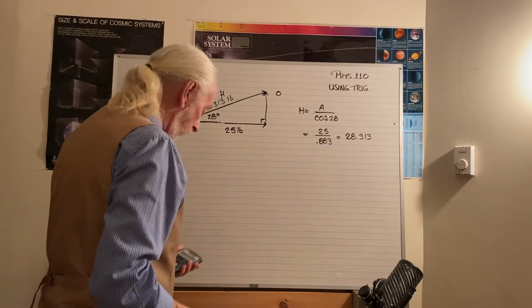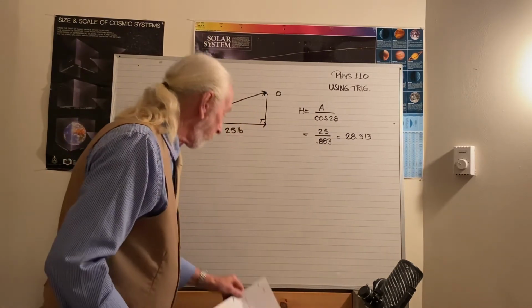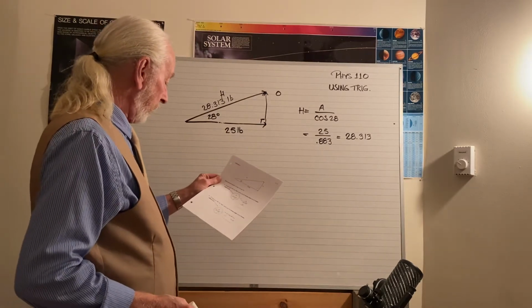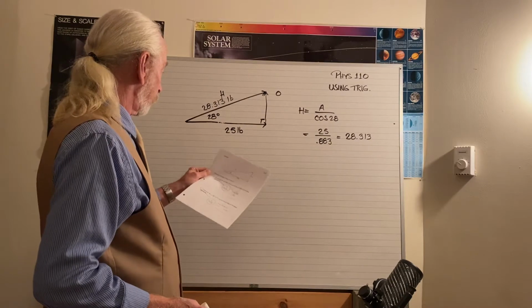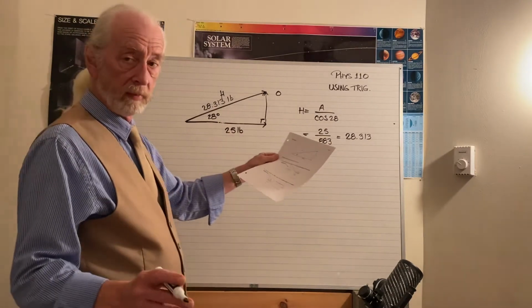Now I'm going to go for the opposite side. And for that, I'm going to use tangent. Because I've got adjacent side and I want opposite, so adjacent and opposite, that means tangent.